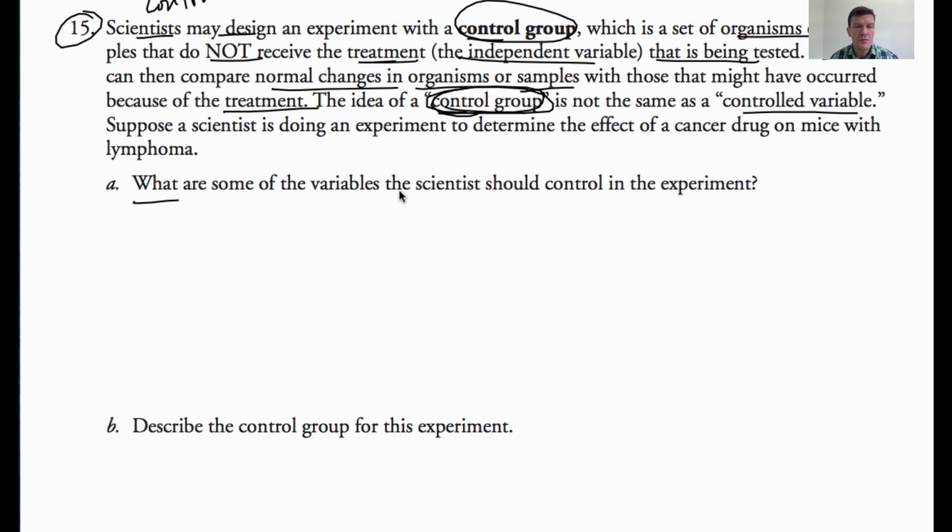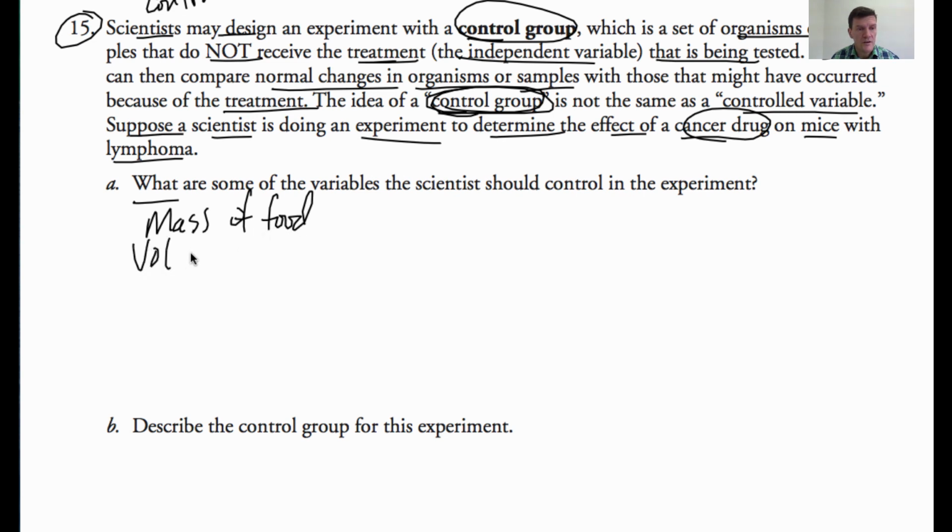So, what are some of the variables the scientists could control in an experiment? Well, again, in this case it says, suppose the scientist is doing an experiment to determine the effect of a cancer drug on mice with lymphoma. Alright, well, what are you going to control? You want to control maybe the mass of food that is given each mouse. You want to control maybe the volume of water that they are given.